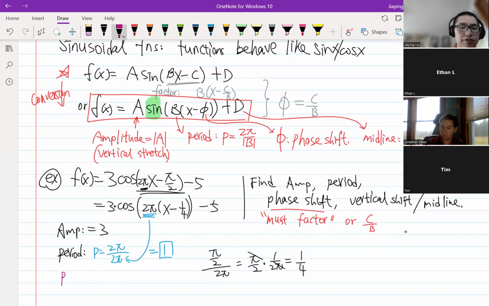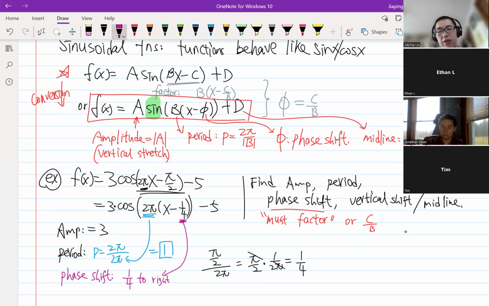And phase shift, since I already have it factored, the phase shift is just whatever this number tells me. Because it's negative, that means we're going to move it 1/4 to the right. That's the phase shift. And then we have -5 at the end. That's just going to be the vertical shift.